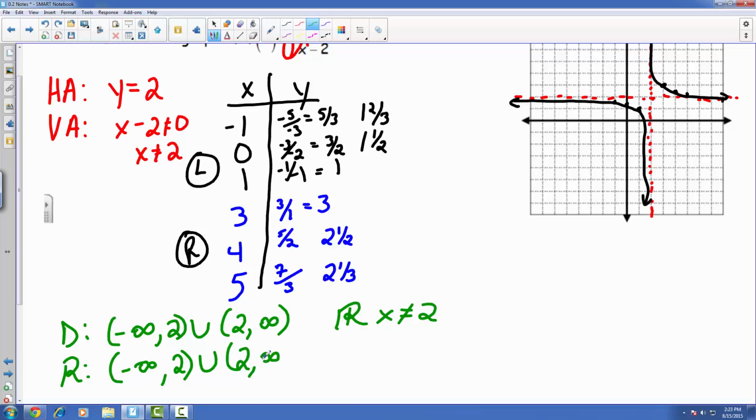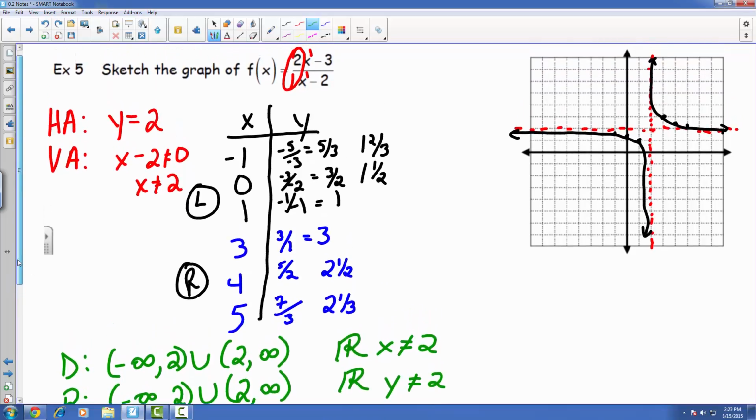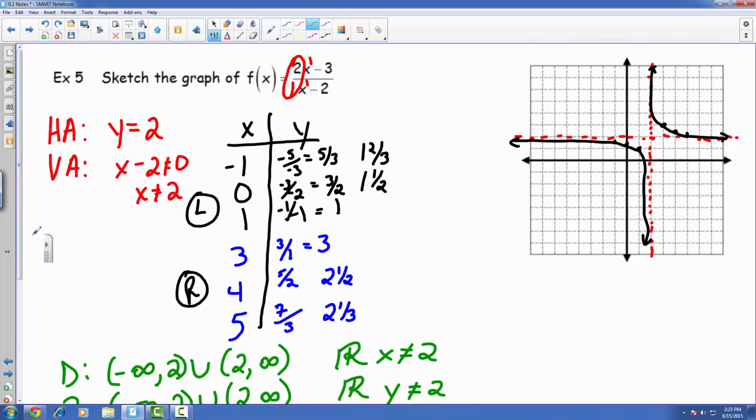So actually our domain and range for this one will come out to be the exact same thing. For this one, that would include where y is not equal to 2. So that would be our range. So that again is example 5 from the 0.2 set of notes.